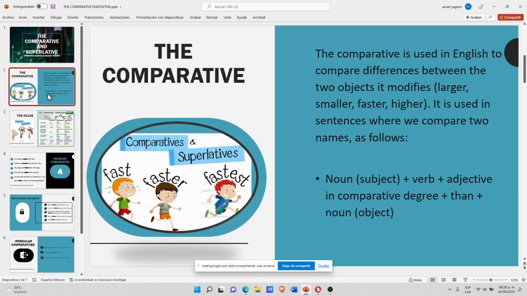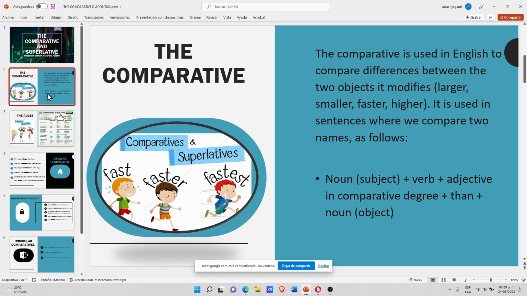What is the comparative? When we use the comparative, we need to compare two different objects or nouns. For example, faster: I am faster than you.